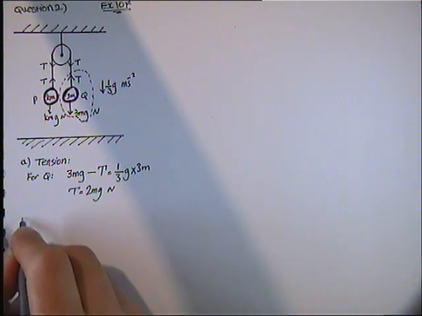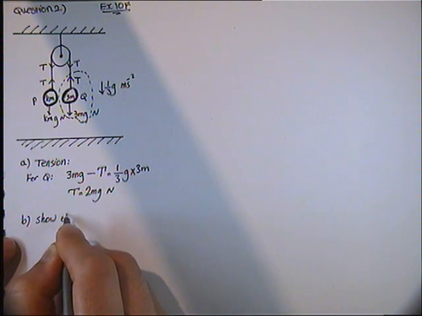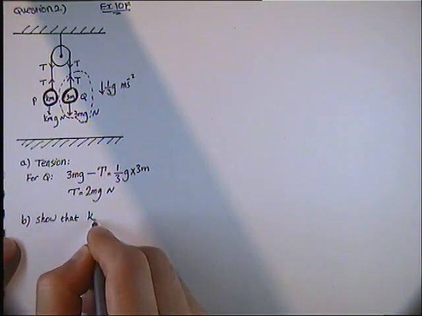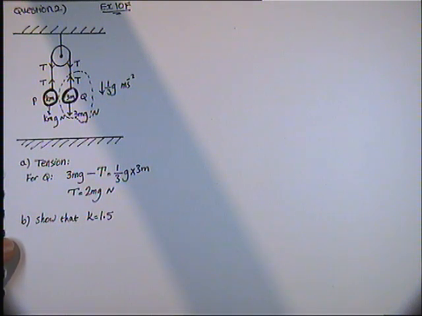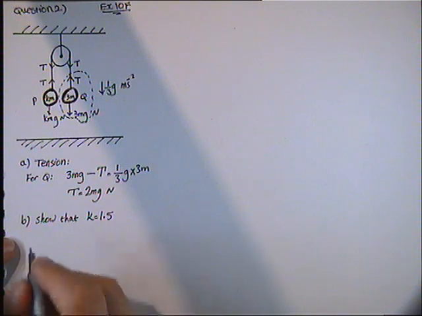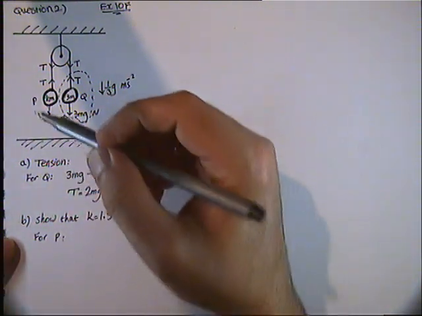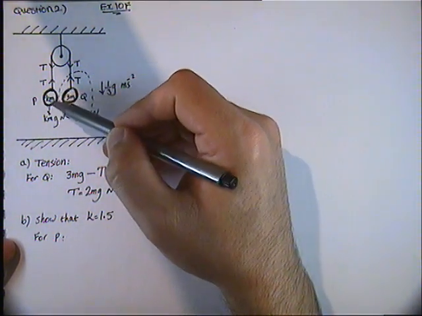Part B. Show that k is equal to 1.5. To show this, we need to write down Newton's second law of motion for P. So for P, let's see what we've got. We've got tension upward and kmg downward.